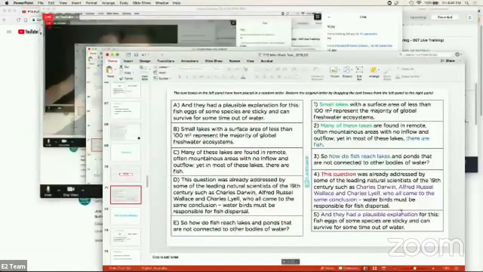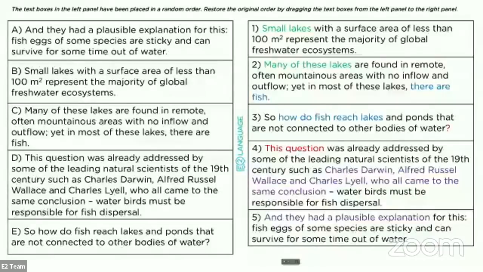Anyway, let me show you the answers here. The answers are this. So it's B, it's C, it's E, then it's D, then it's A. Okay, let me read you through this paragraph.